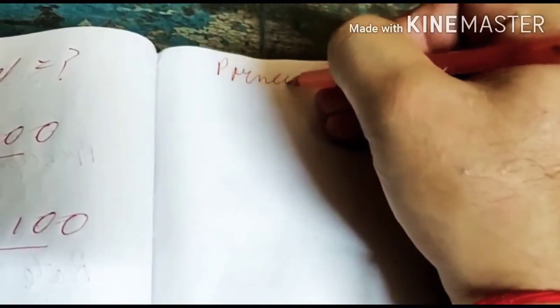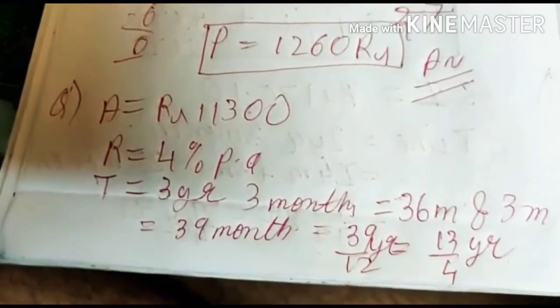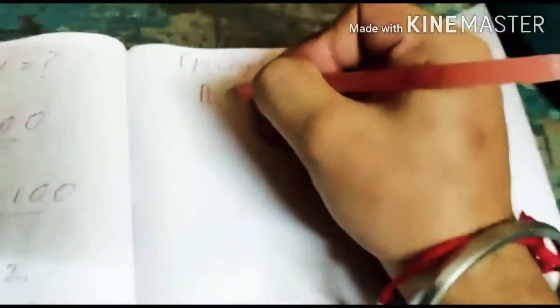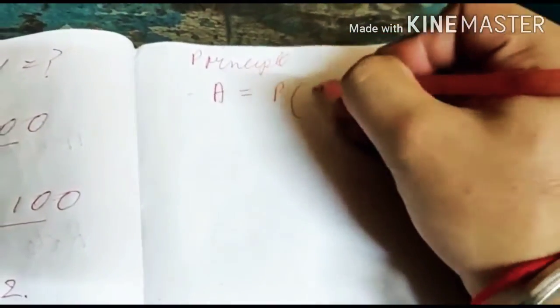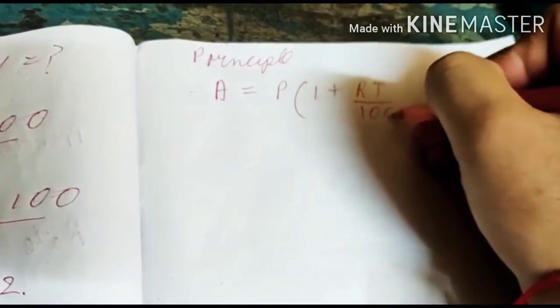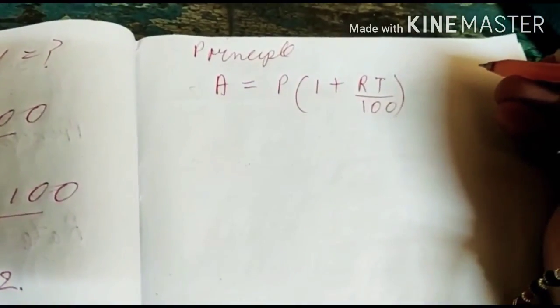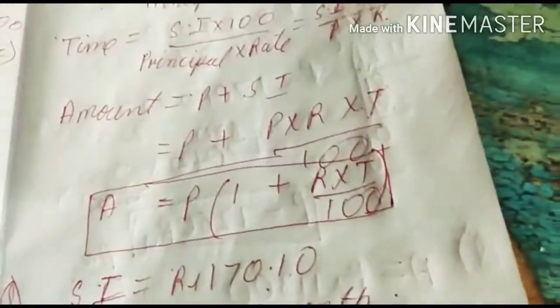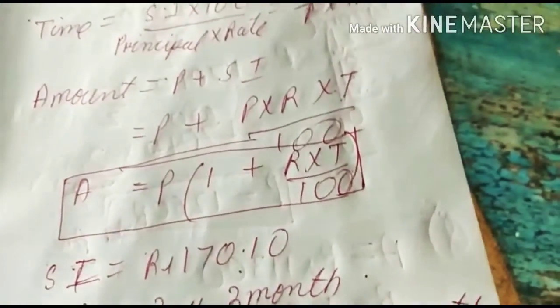So we are given the amount and we have to find the principal. What was the formula for amount? Amount formula was P into bracket 1 plus RT upon 100.